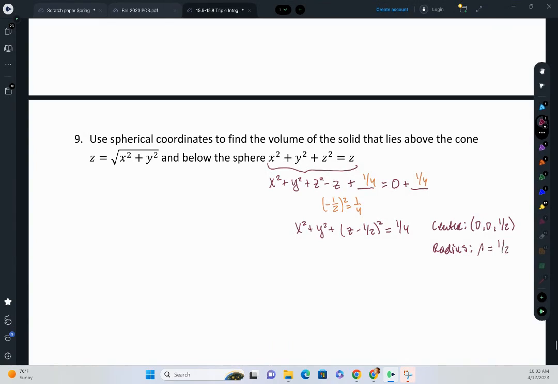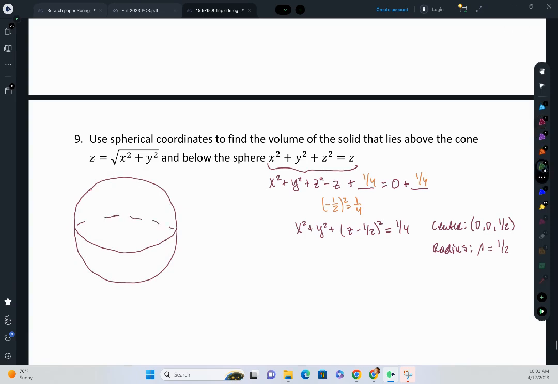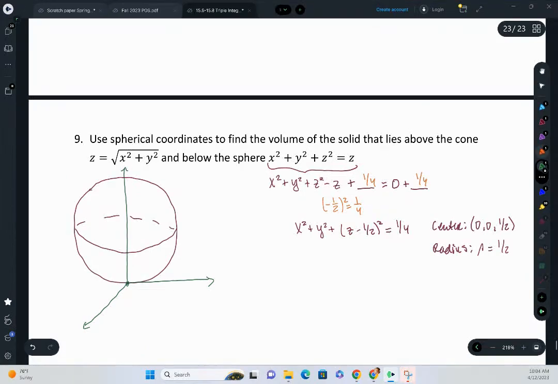Okay, so I have to draw this. Drawing a sphere is not too bad. What's different about this sphere is it has been shifted up half a unit, and the radius is half a unit. So that means that this sphere has its bottom sitting at the origin. And now the cone also has its tip sitting at the origin, and it's a standard cone.